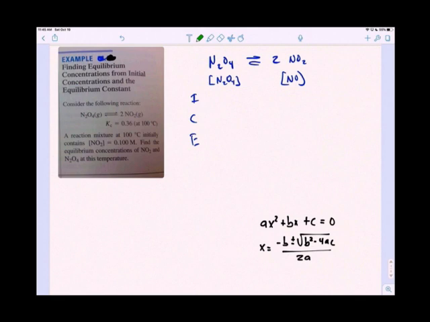So initially, we have 0, and then we have 0.1 there. Okay, so that means we are going to shift left because there's a 0 there, so that means we're going to gain x of this, and we're going to lose 2x of that.